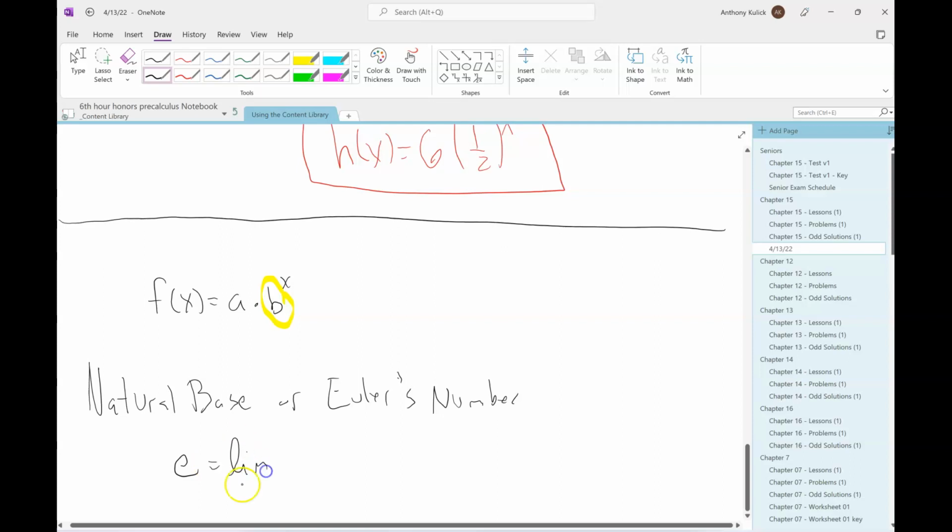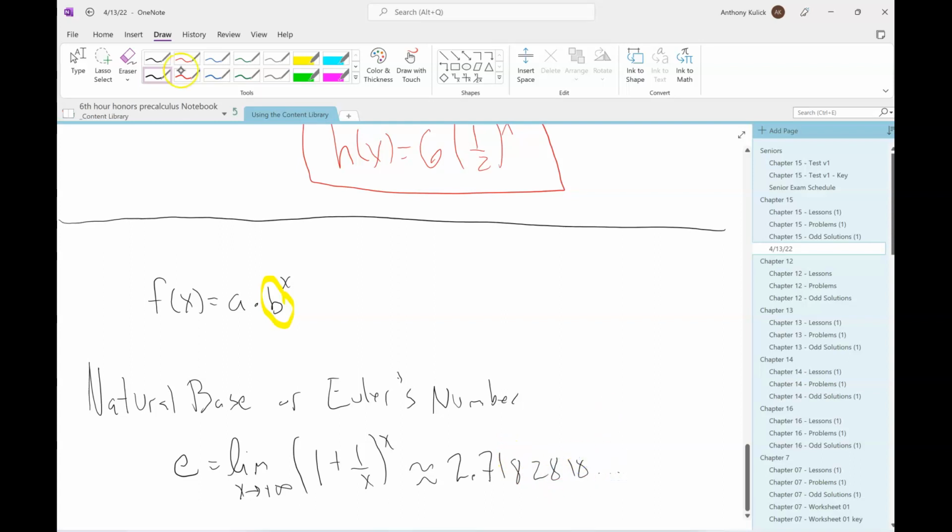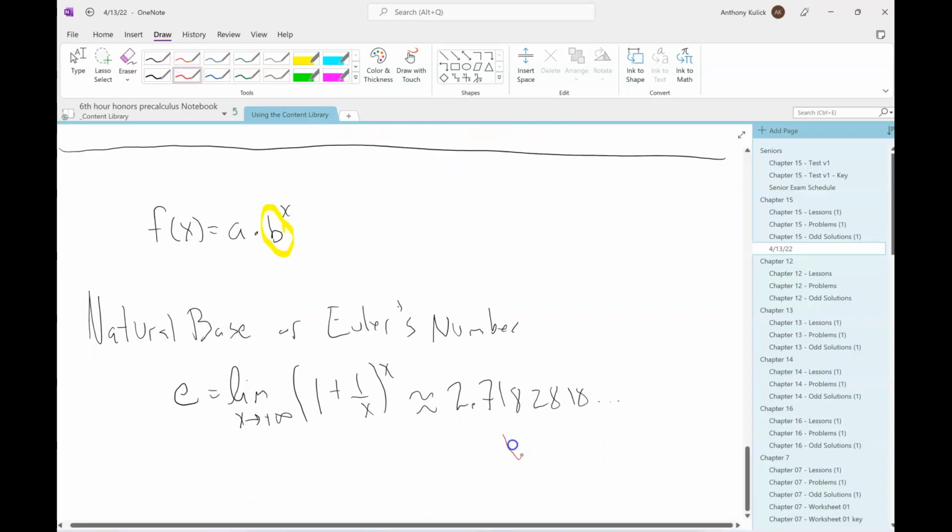This letter e is equal to the limit as x approaches infinity of 1 plus 1 over x to the x, which is about 2.7182818, and so on. This is a big, long, irrational number.